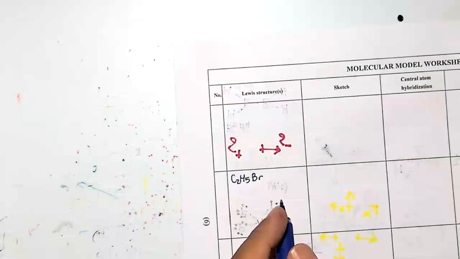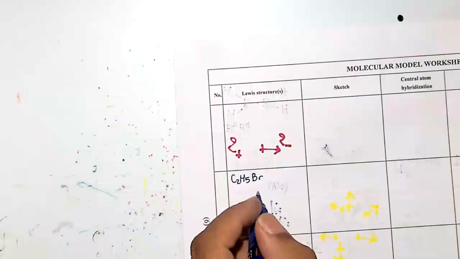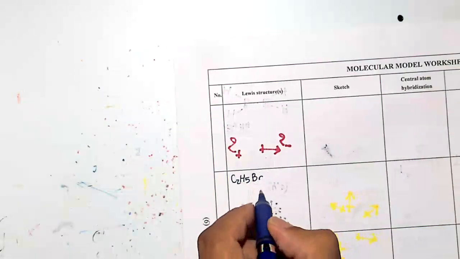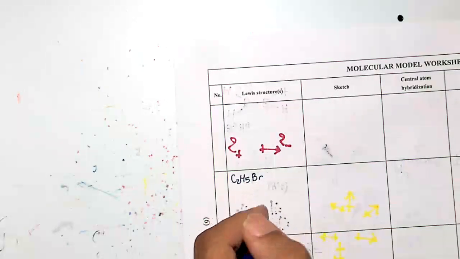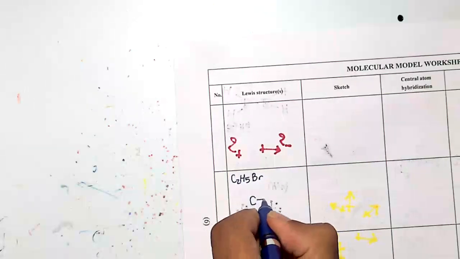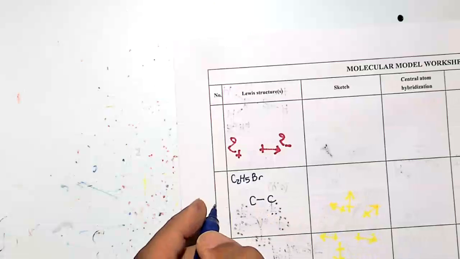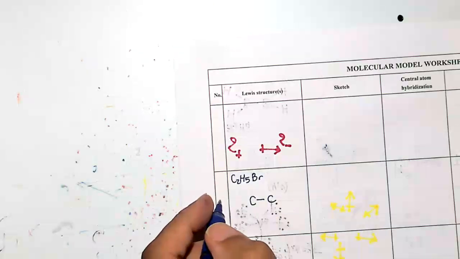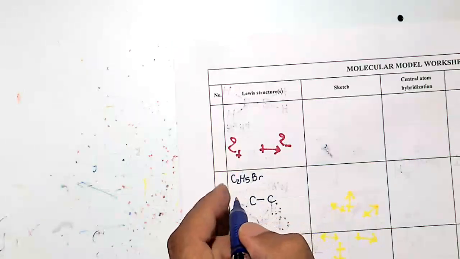Okay, how will we draw C2H5Br? What will carbon form a bond with? Well, carbon loves 4, so how will carbon get to 4? Okay, form a bond with carbon, and then what?